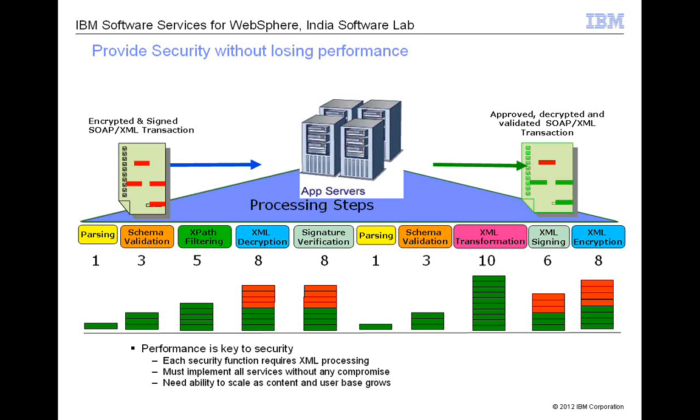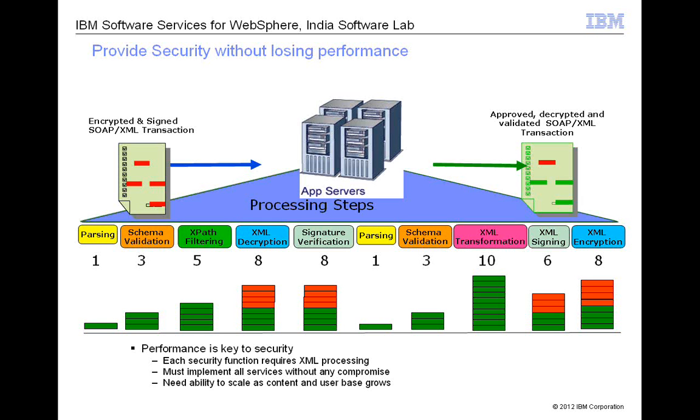It does perform very well. But the moment you switch on security, the moment you switch on encryption, the speed and performance of the back end application goes down dramatically. Now, an industry-grade solution should be able to provide security without losing performance.